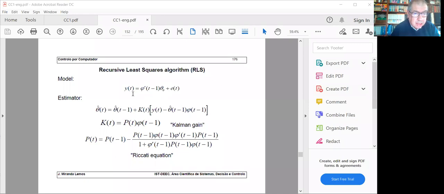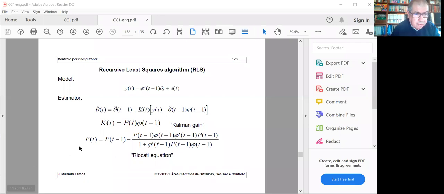In our case, if you want to identify a system described by a linear difference equation, phi is a collection of past y's and past u's, past control variables and past output variables. And you update your estimate according to these formulas.